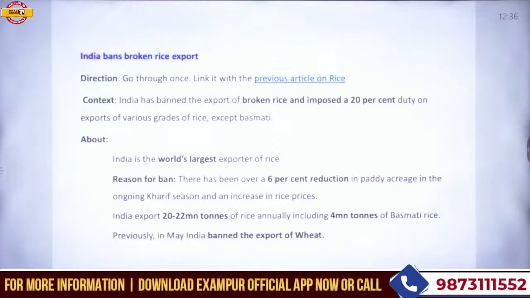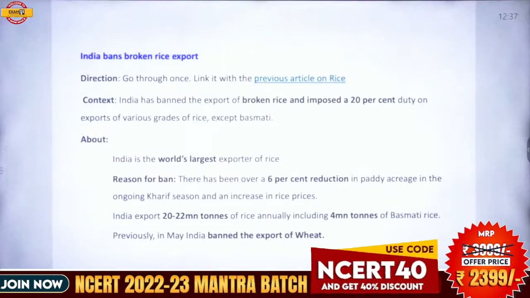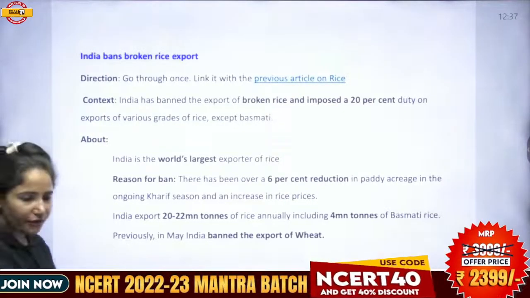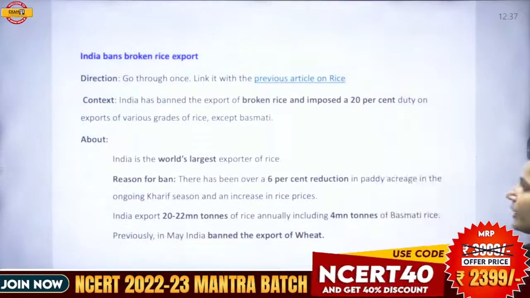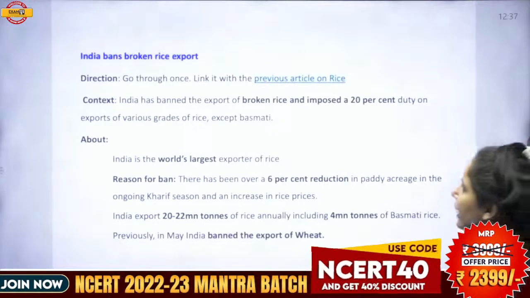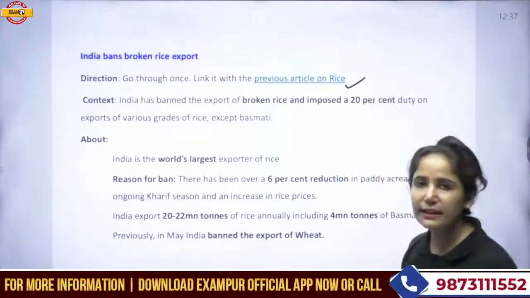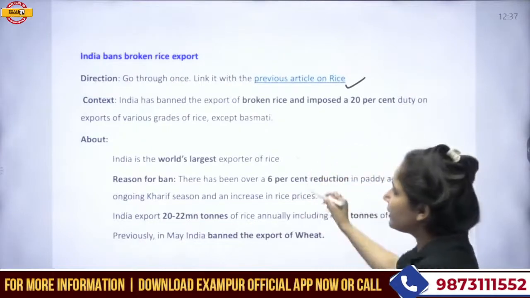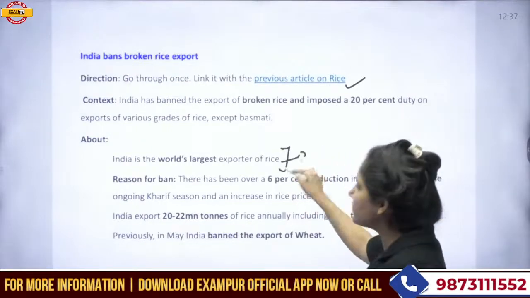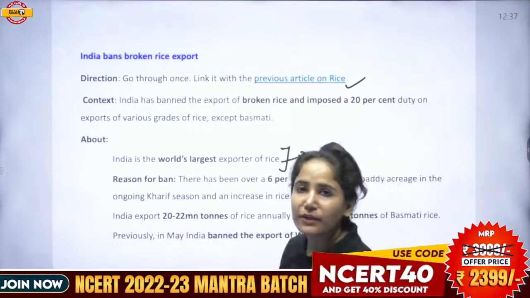So India banned broken rice export. This is all about that. And what you need to think about is that we are making lots of exports. We have already talked about it, that we have to read the previous article related to rice, and we are number 1 as an exporter of rice.